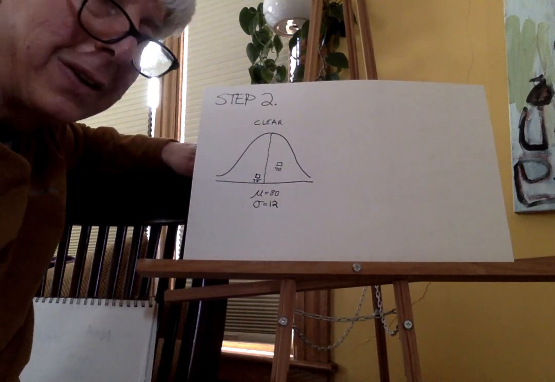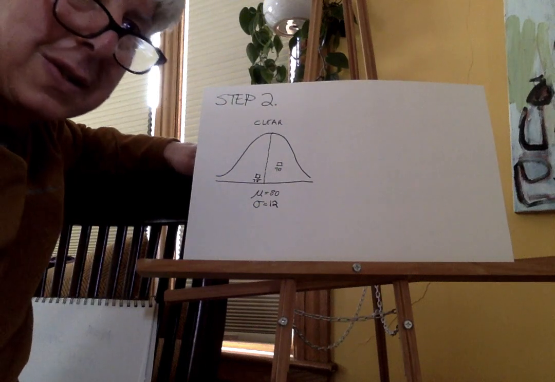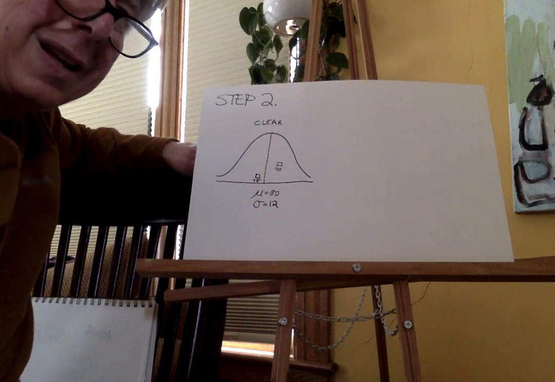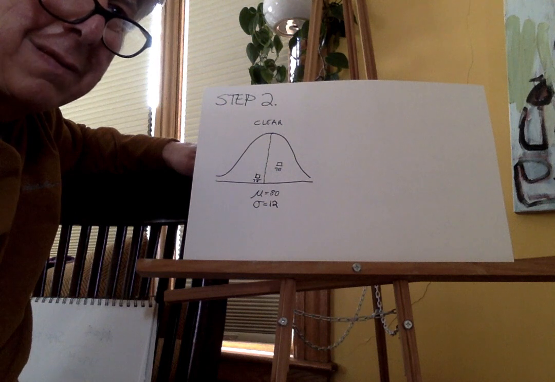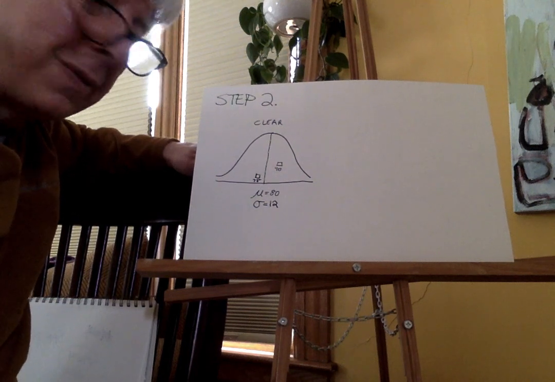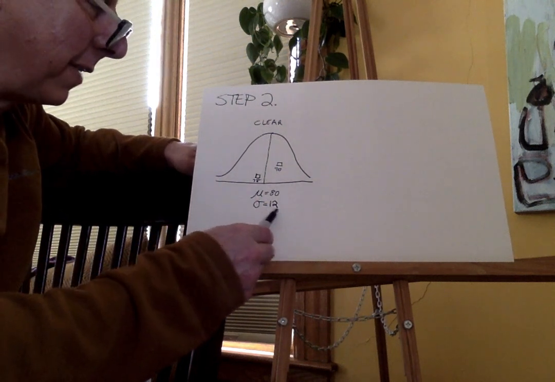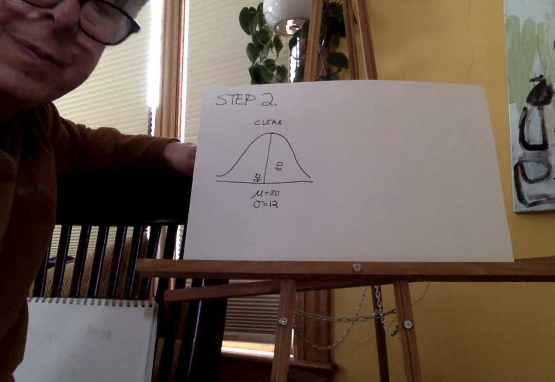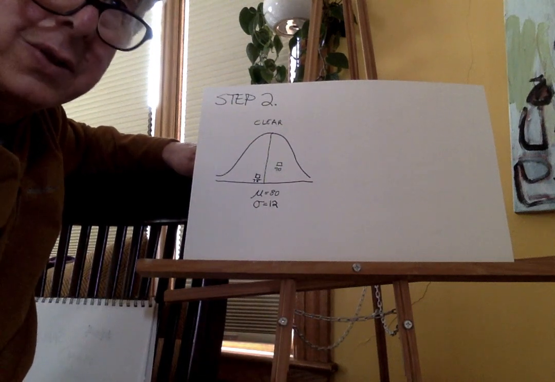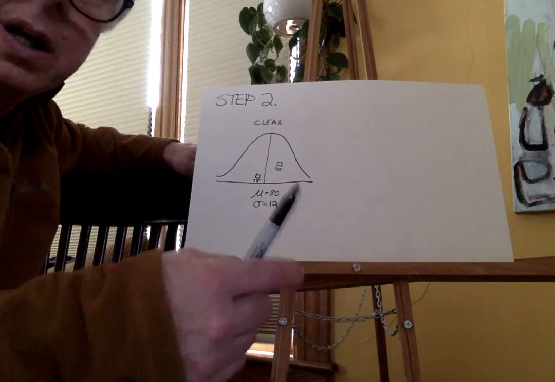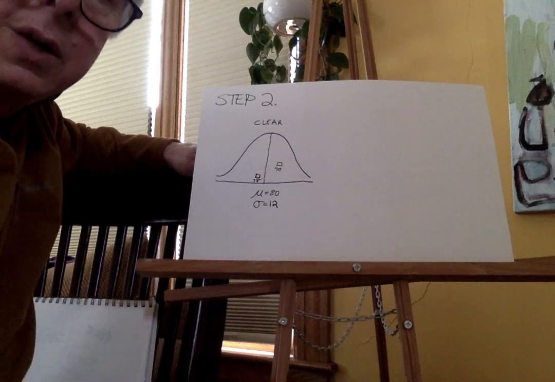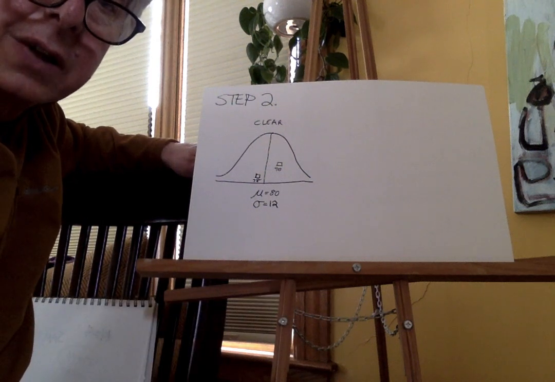Mathematically it is, but we're talking about statistics. We're talking about that's probably not different than 80. 90 is probably not different than 80, especially given this standard deviation of 12. This also relates to our flipping a coin, right? When you flip a fair coin, you expect to get 50 heads and 50 tails.